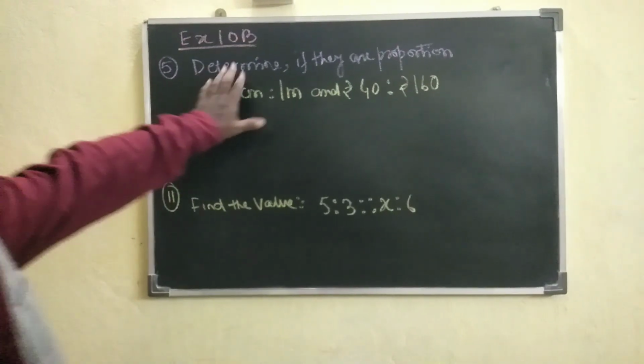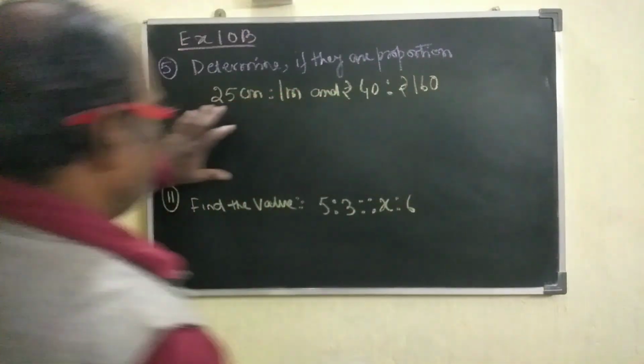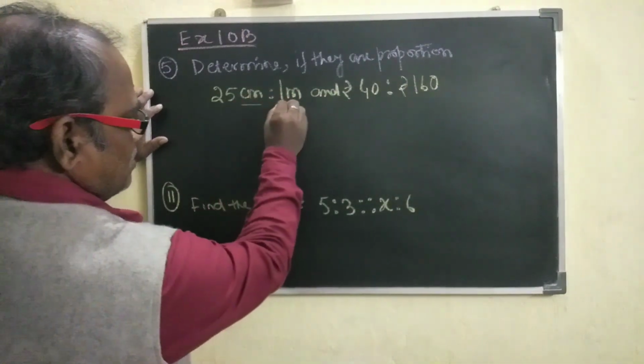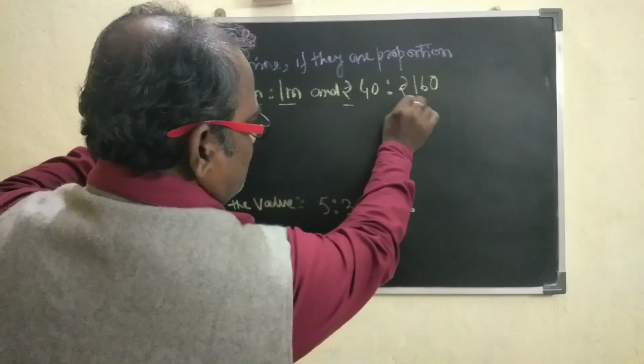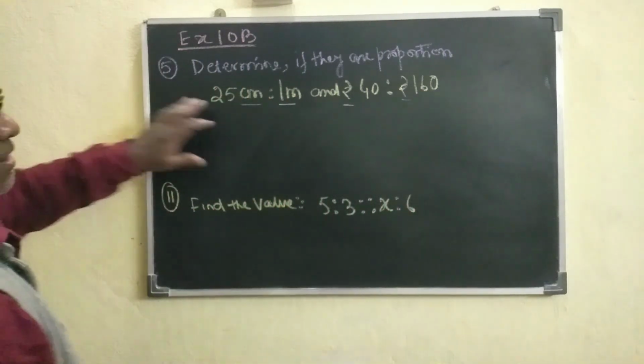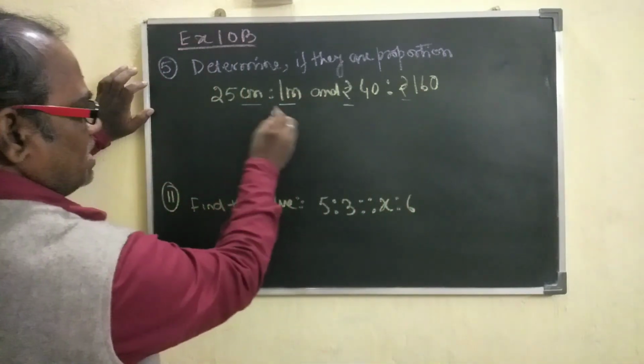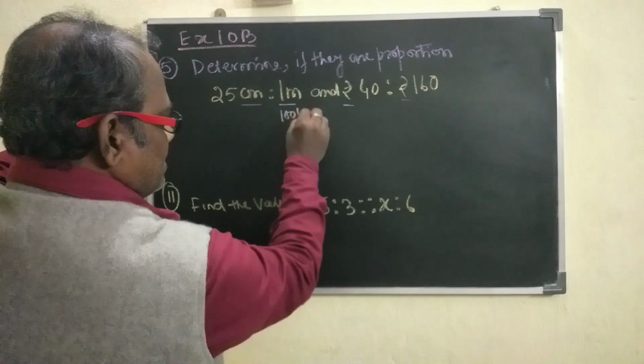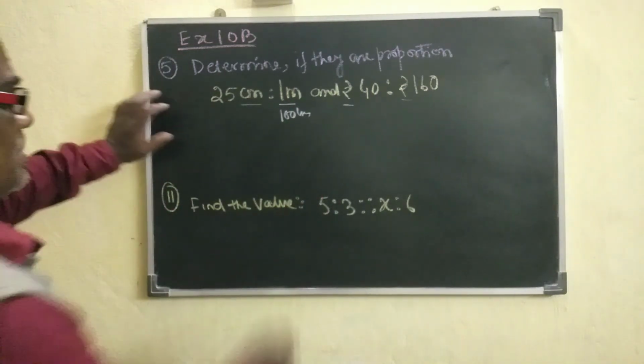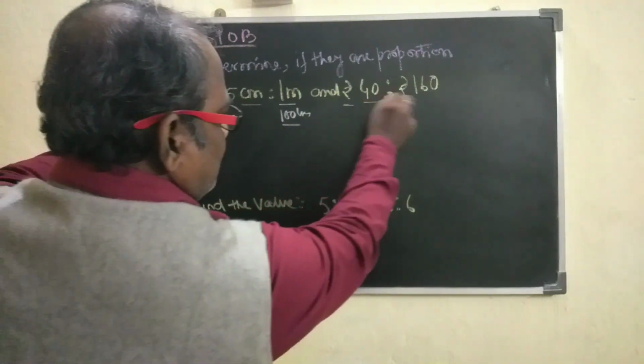Question number 5. Determine if they are in proportion. See here, it is centimeter, here it is meter, here it is rupees, here it is rupees. So you have to change this unit. 1 meter changed into centimeter becomes 100 centimeter. Now the four terms are first, second, third, fourth.